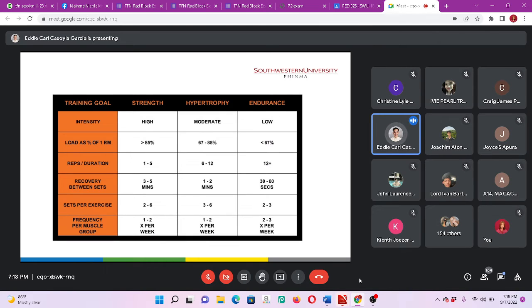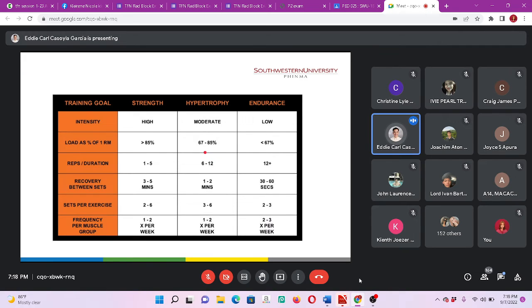Okay, but for men, since men are stronger, instead of writing 10, it changes in order for you to get the specific amount of the percentage of 1 RM. So if you don't want to use a specific percentage of 1 RM, you can just copy what's in the table.